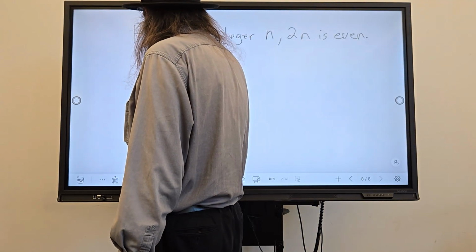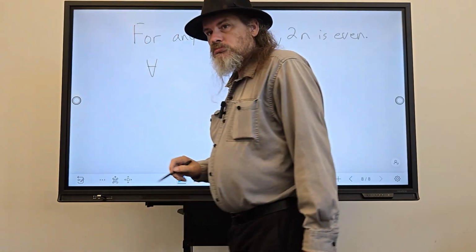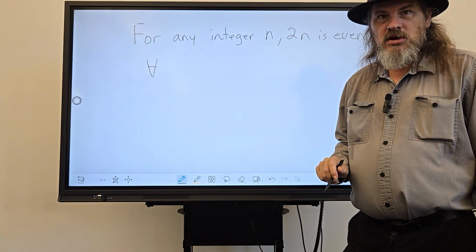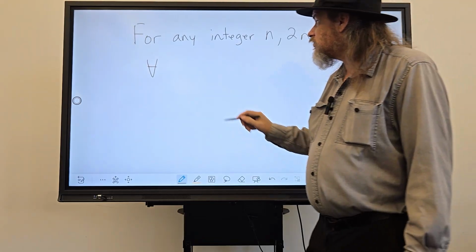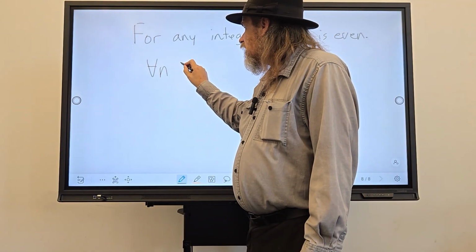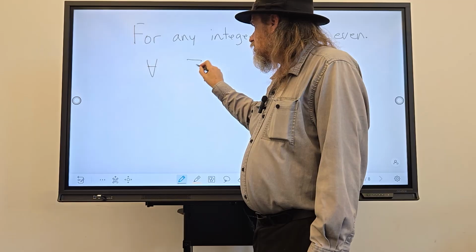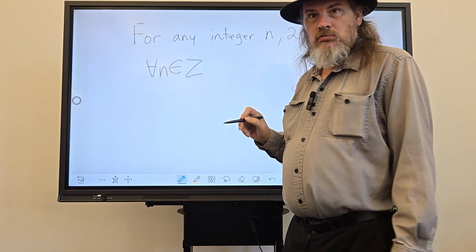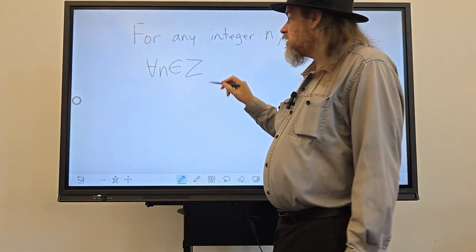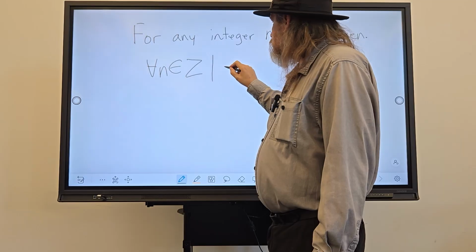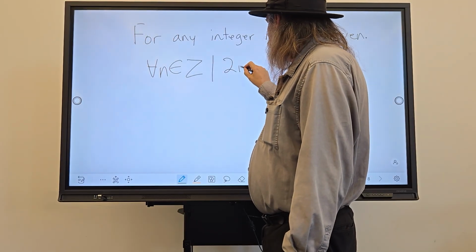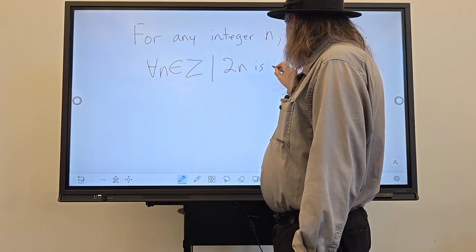So any integer n is an element of integers, right? 2n is even.